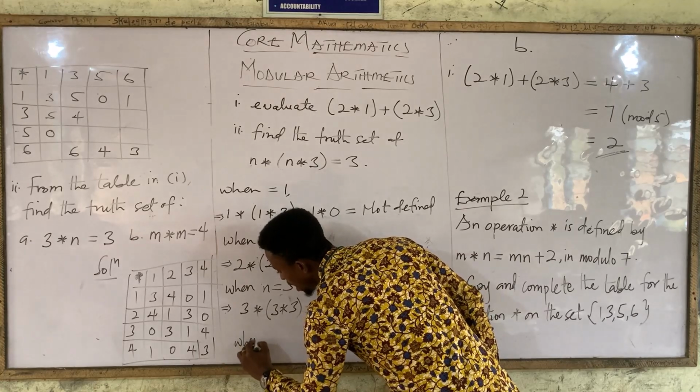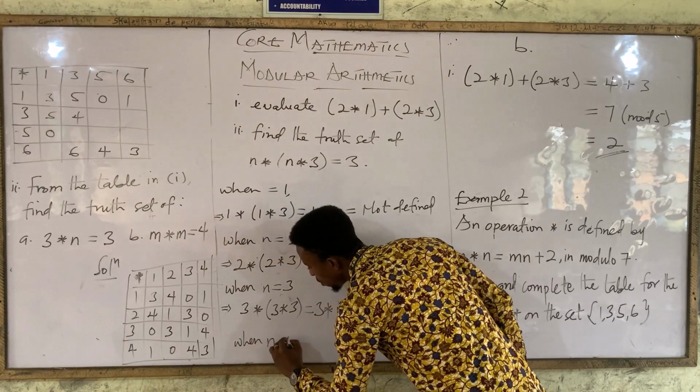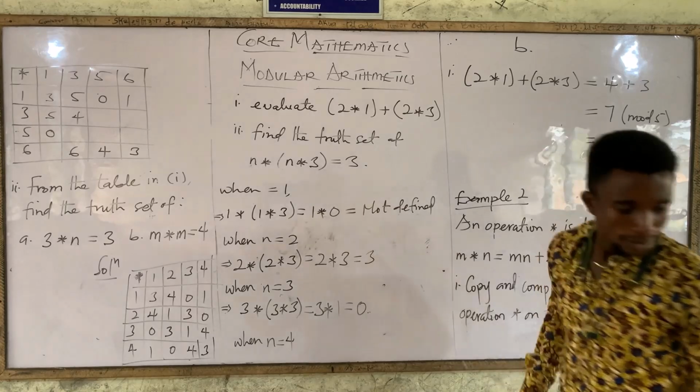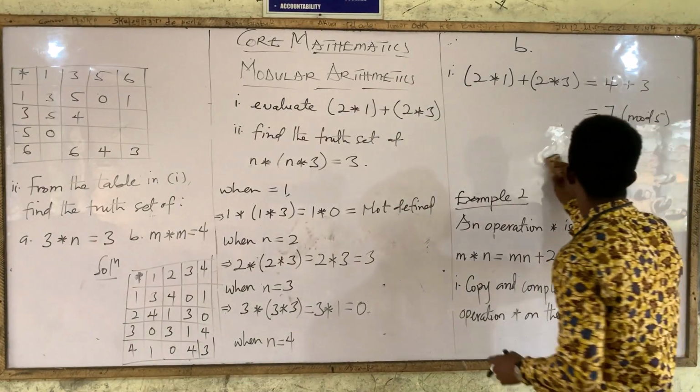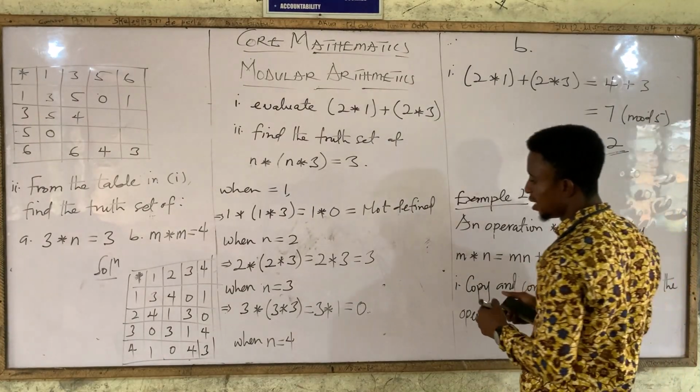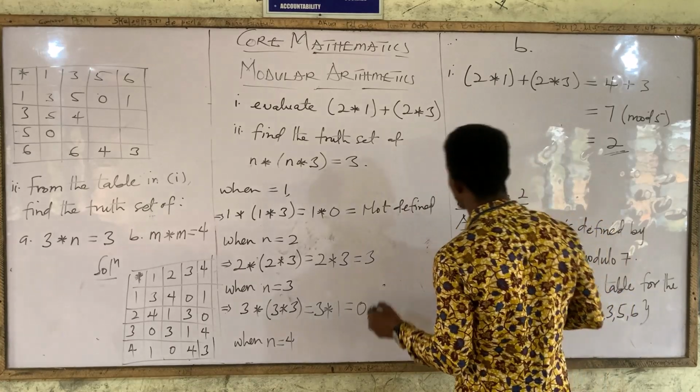So when the last one, n is equal to 4, which is the last one, let's see what that one will get us. Let's imagine I want to put it here.